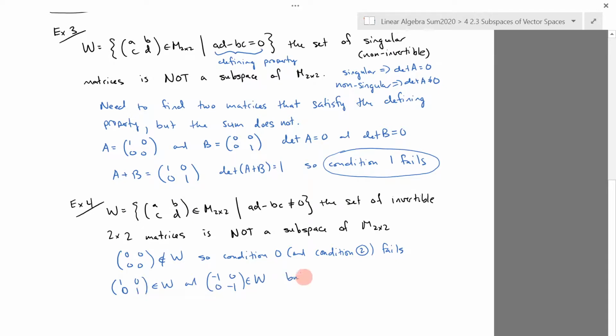But if I add them together, this is the 0 matrix, which is not invertible. So condition 1 also fails. Okay, so all the conditions fail for this subset.